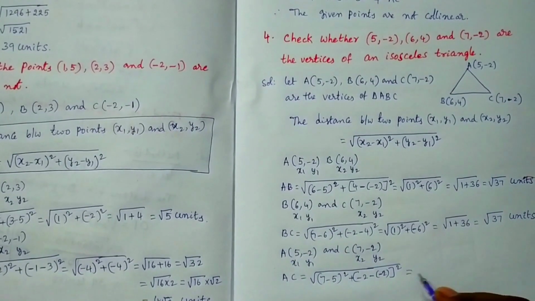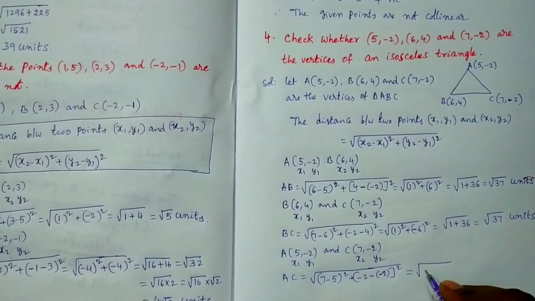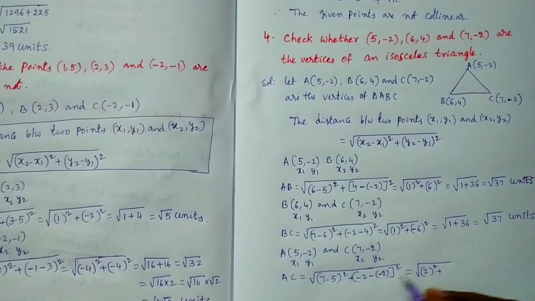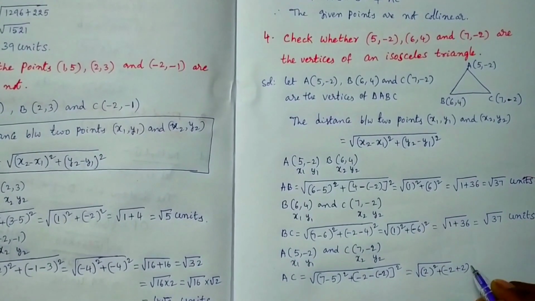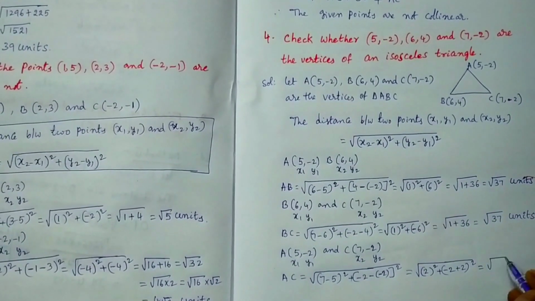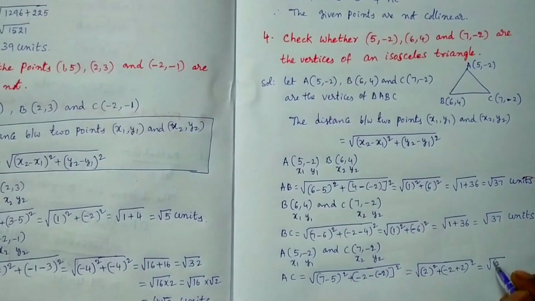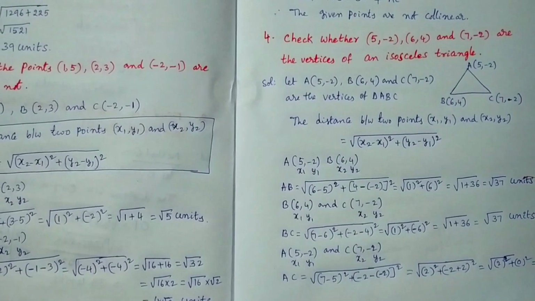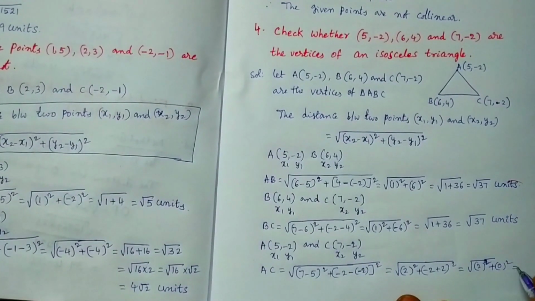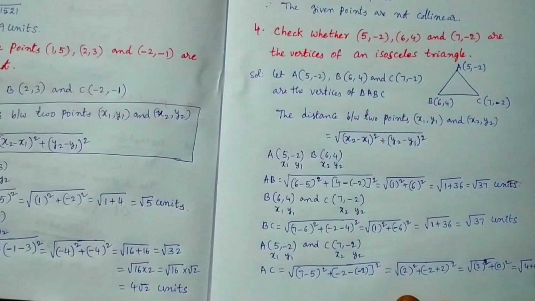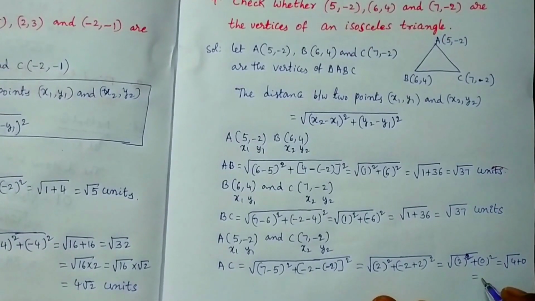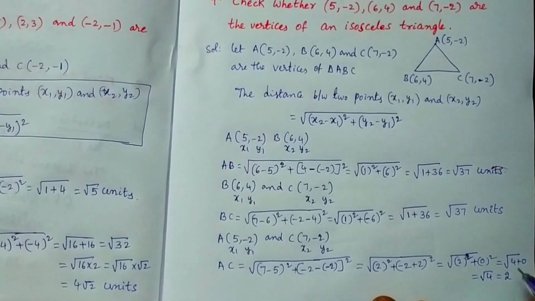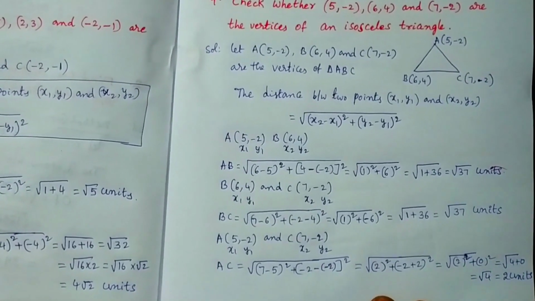So simplify this one. 7 minus 5, that is 2 square. This is minus 2 plus 2, minus of minus plus, minus 2 plus 2 whole square, that equals 2 square value, and this value is minus 2 plus 2, that is 0 square. So square root of 4 plus 0 equals root 4, that means 2 units.